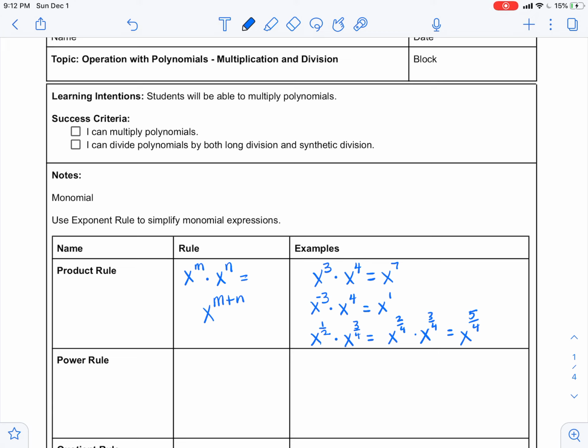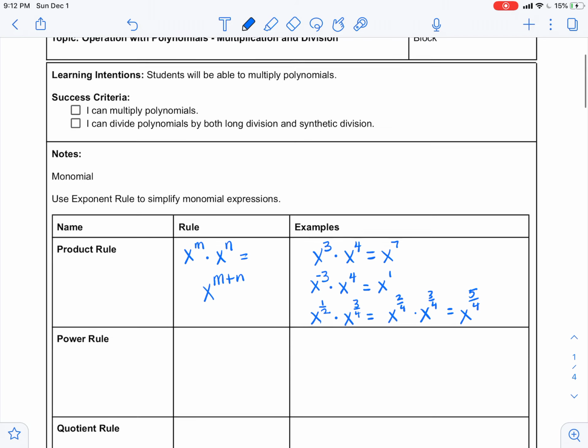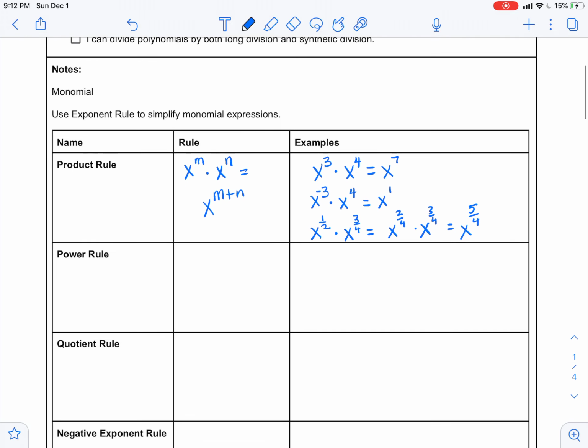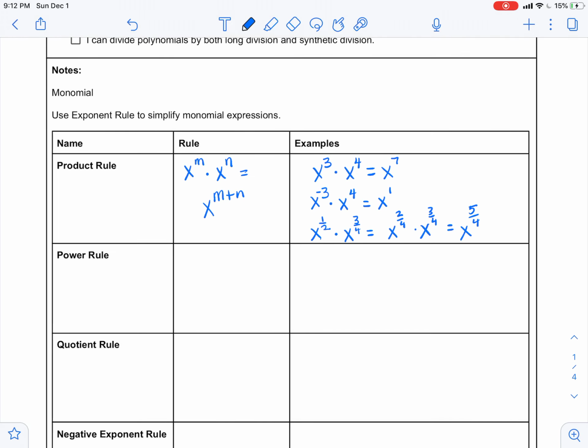The next one that we have is the power rule, and a lot of times I will refer to that as a power to a power. If you have x to the m, and then that is to the n power, the rule is to multiply the two. We do see that a lot with our multiplication of polynomials.